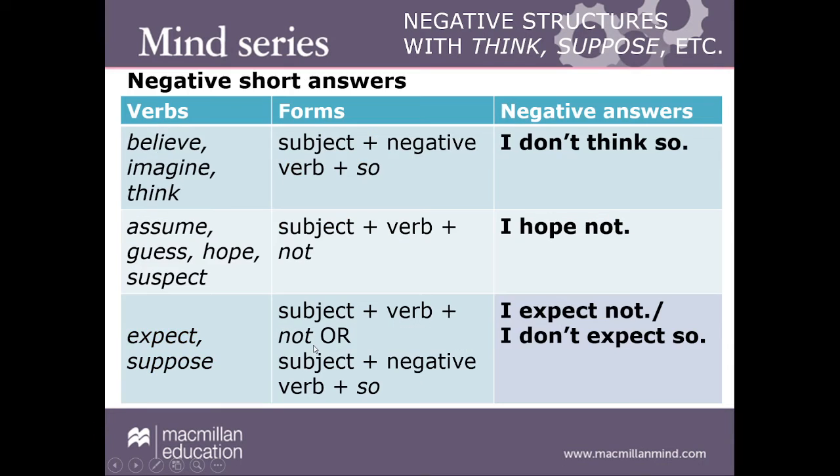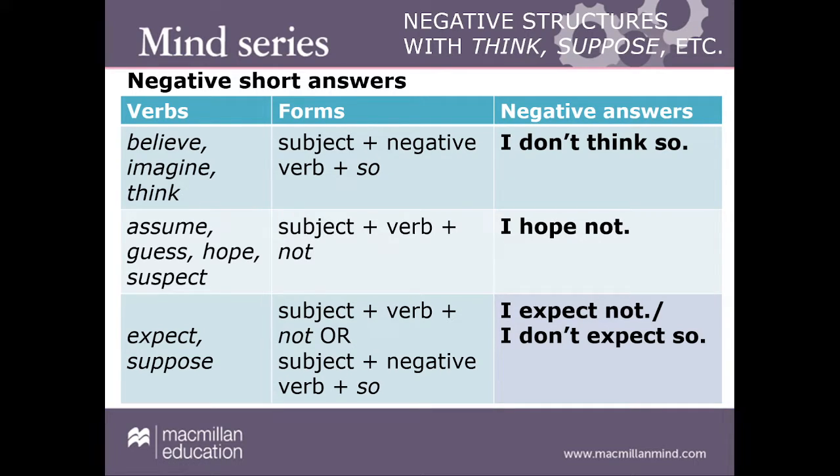Super simple. But now look at the structures. So we have believe, imagine, and think. I don't think so. I imagine so. I think so. Okay? Assume, guess, hope not. You say I hope not, negative. Did you understand? I hope not.